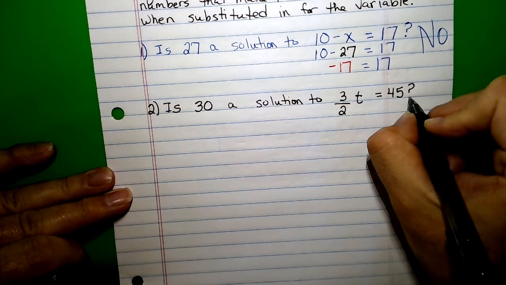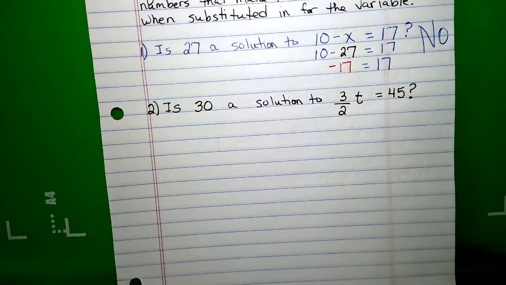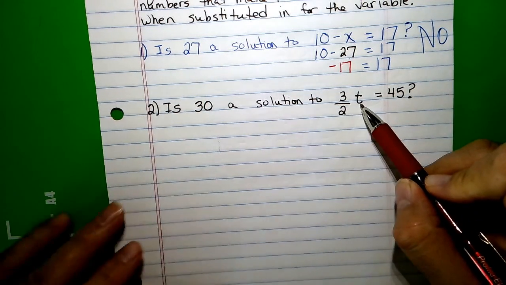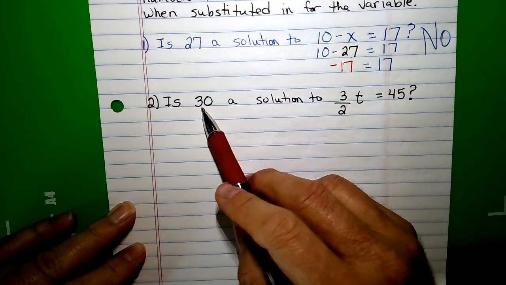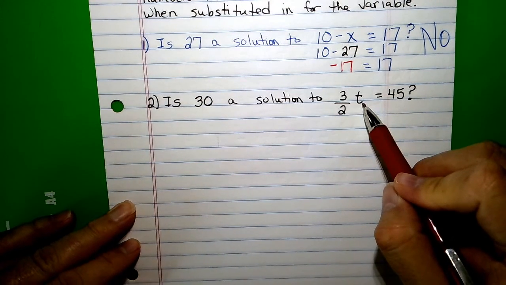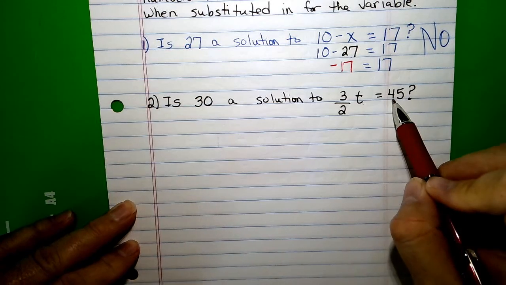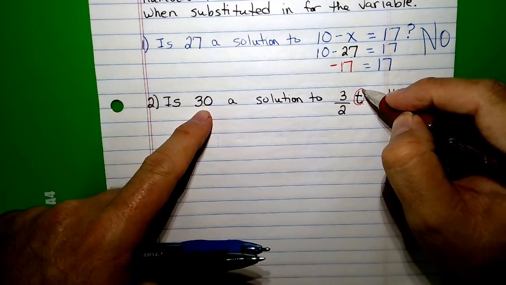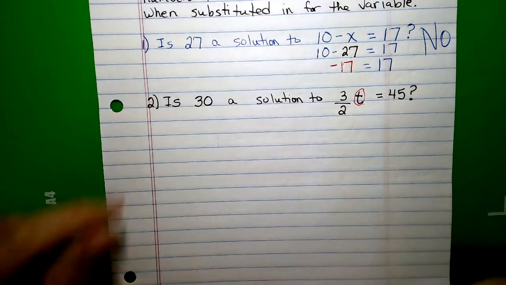Oh, you might be thinking, oh, you don't like fractions. Well, okay. Here the variable is the letter t. So let's see, if we put a 30 in for t, is that going to give us 45? I'm replacing this t with a 30. So we have 3 halves.